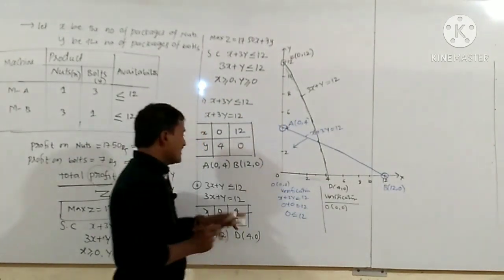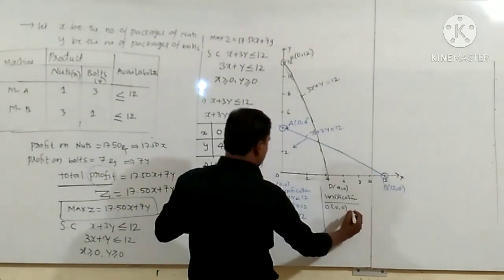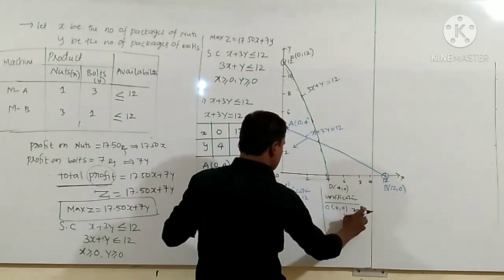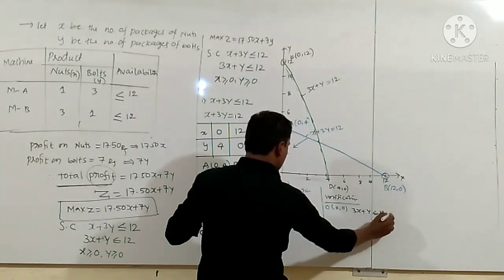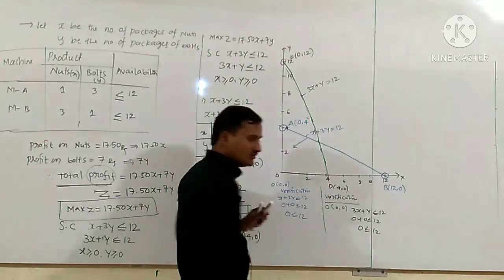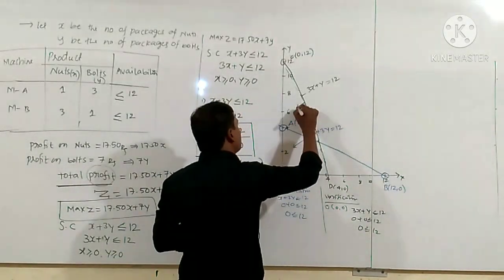But while shading the portion, you have to take this inequality only, that is 3x plus y less than or equal to 12. 0 plus 0 is less than or equal to 12. So the solutions again lie below this line.